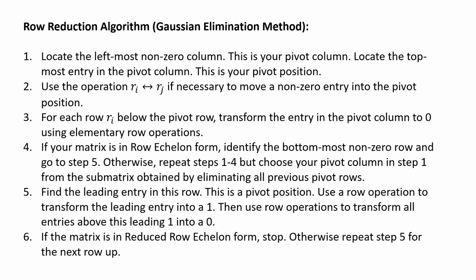Here are the steps. Okay. So I'm not going to read these out. We're going to go through an example of how we do this. But the general idea is that you find your pivot columns, pivot positions, you turn everything in the pivot column to 0, except for the pivot position where you turn it into a 1.